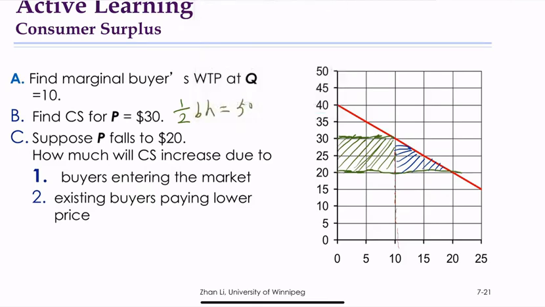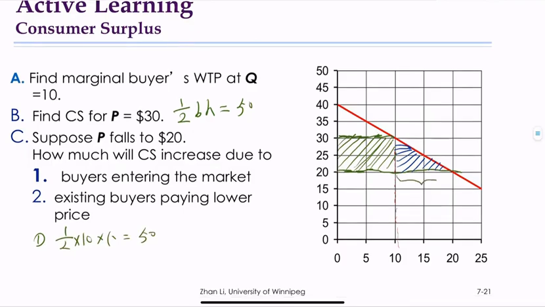Okay, so for the first part, buyers entering the market. In this case, for problem 1, we can see the base and height are again both 10, right? So it's 1 over 2 times 10 times 10. This gives us 50. Both are 10 because this is 10 and this height is also 10.